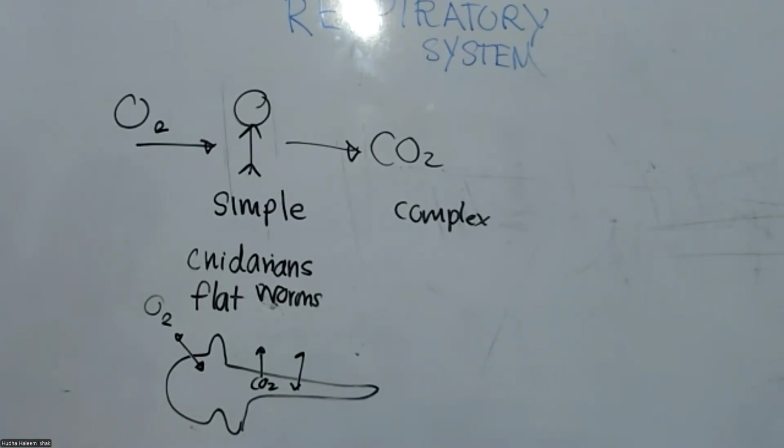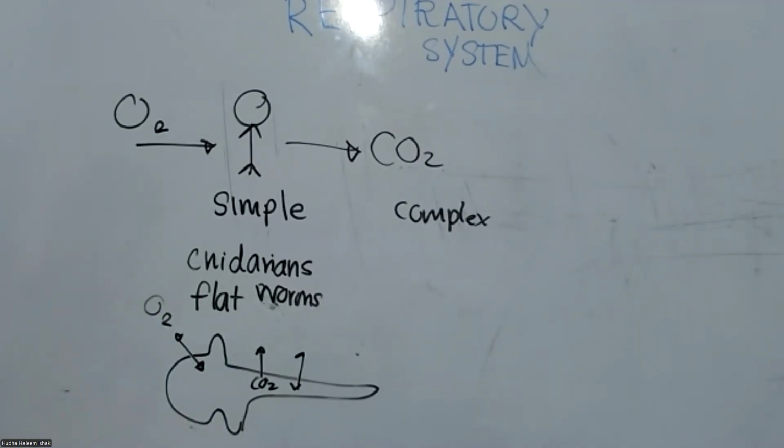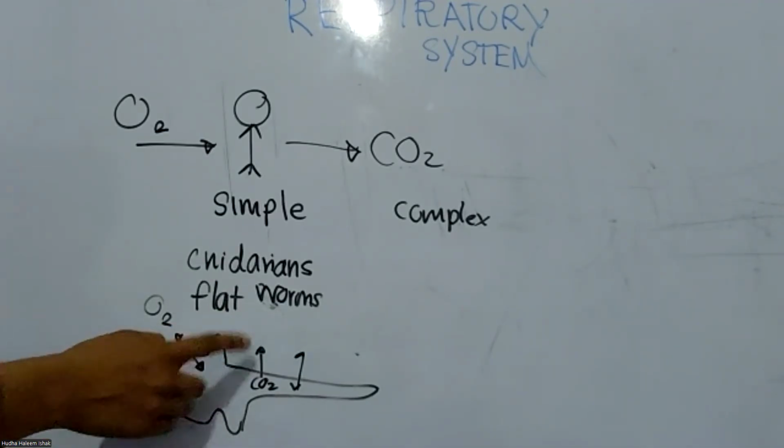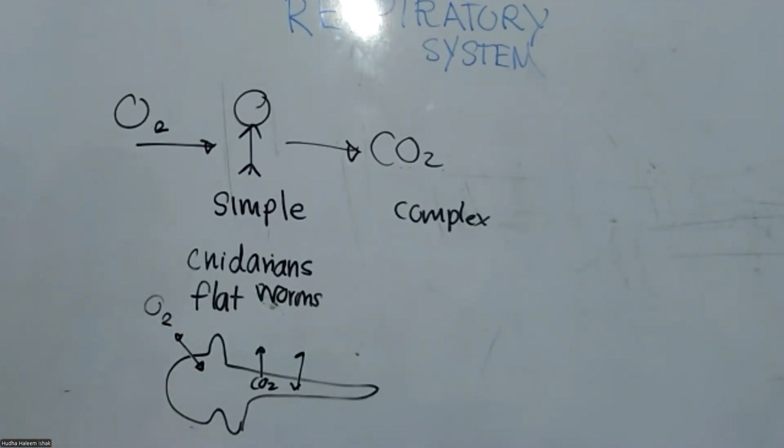It's the main method by which these gases are transferred inside and outside of a simple animal. Why does diffusion take place in simple animals? Because their body surface is in direct contact with the external environment, since the body cells and body size are very small. That's the main reason why diffusion takes place in simple animals.